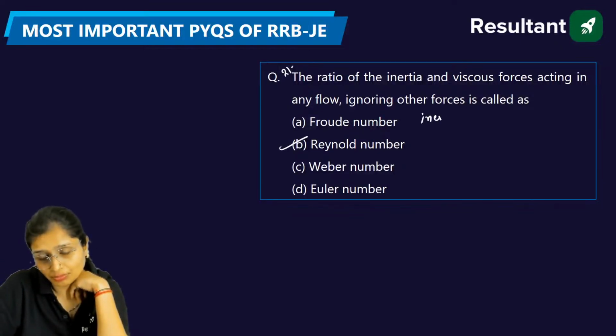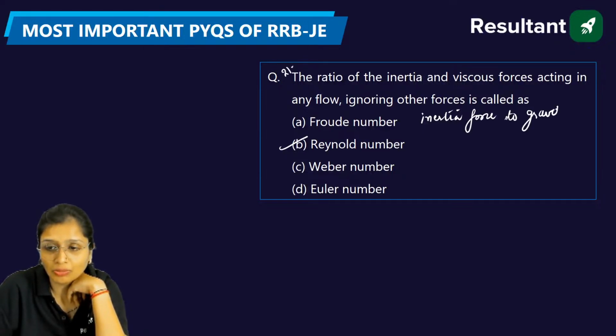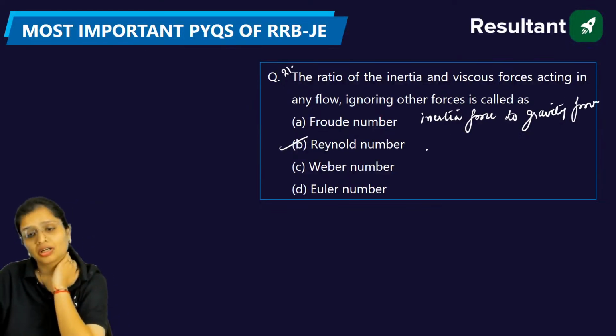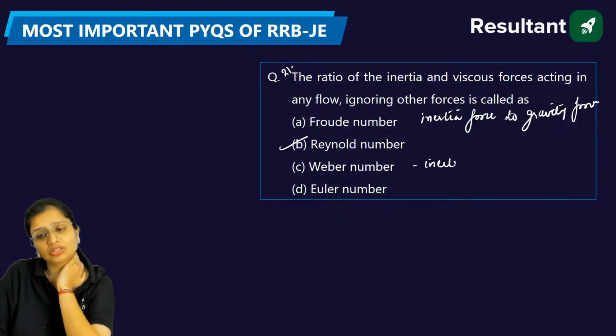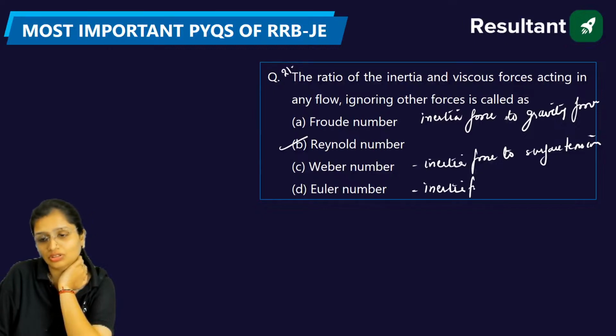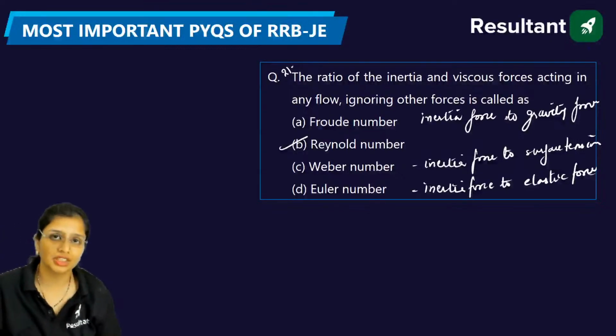If they would have taught Froude number, so it is root over inertia force to gravity force. What about Weber number? Weber number is inertia force to surface tension. And Euler number is inertia force to elastic force. Okay, so these are the numbers corresponding to the various forces.